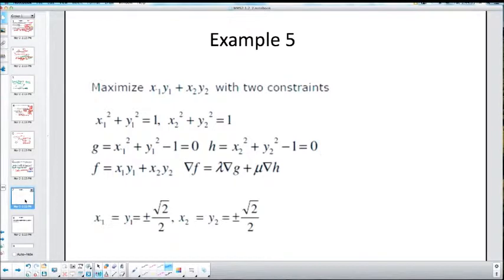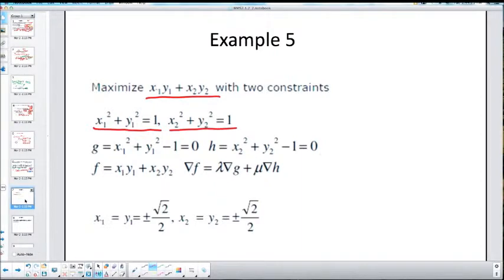Let's look at an application. In this application, I got 4 variables, x1, y1, x2, y2. I got 2 constraints. The x1, y1 stay on the same circle, x2, y2 stay on the same circle.